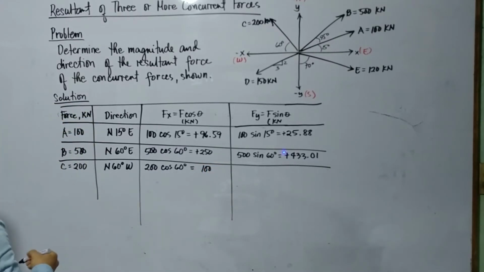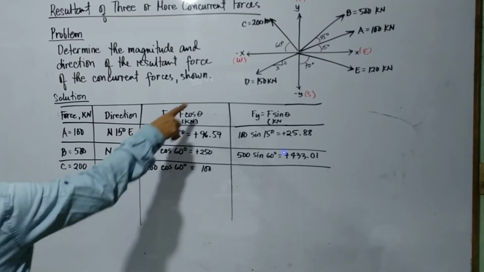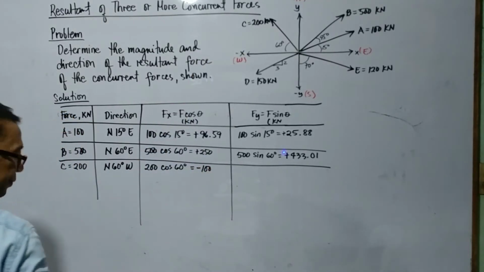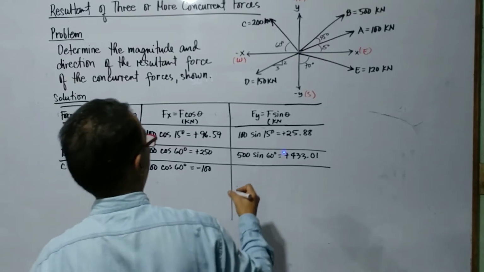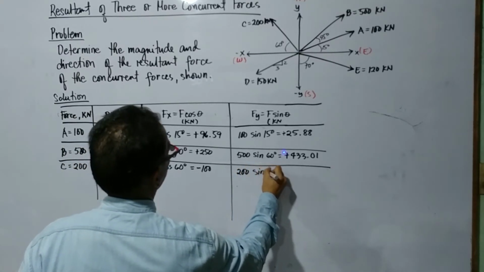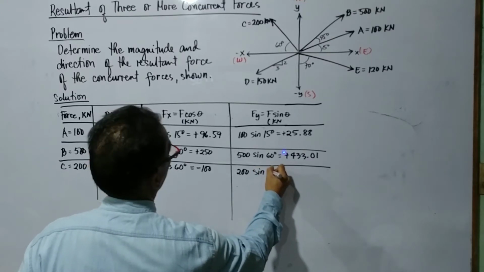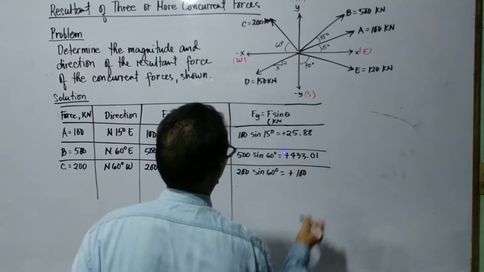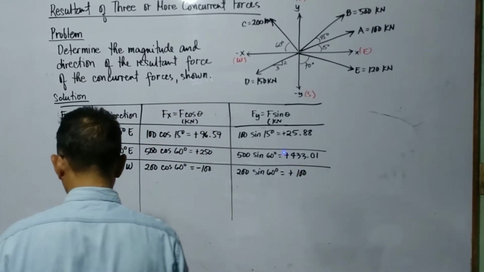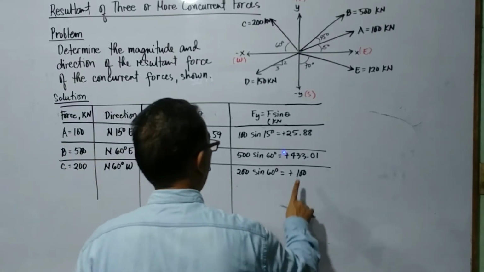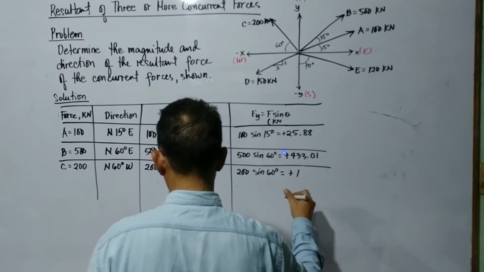Since it is at the west, negative. On the other hand, we have 200 sine 60 degrees, we have positive 173.21.